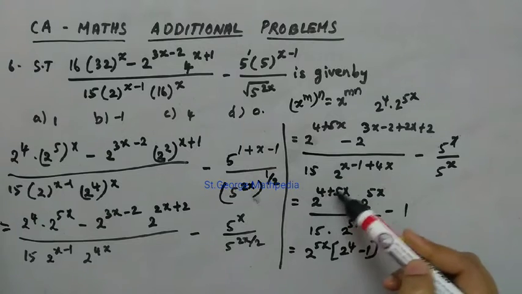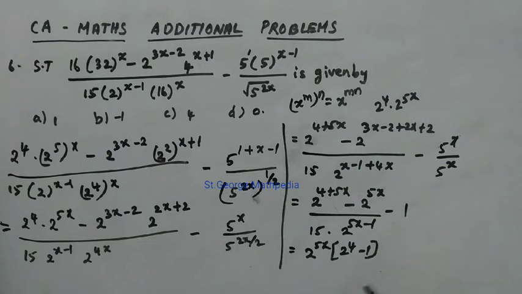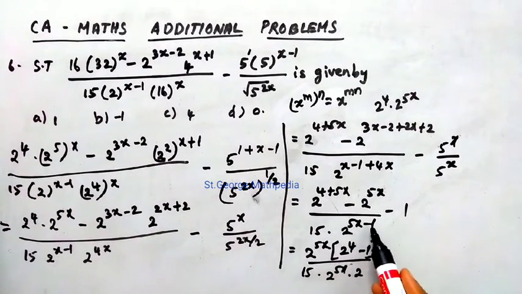So 2 to the power of 4 into 2 to the power of 5x divided by 15 into 2 to the power of 5x into 2 to the power of minus 1.